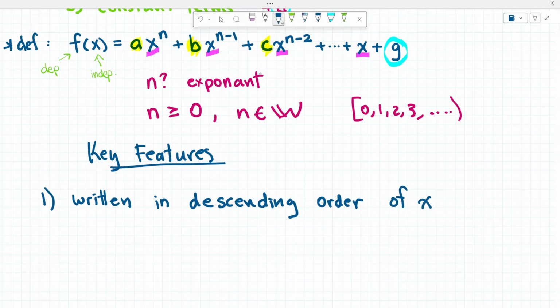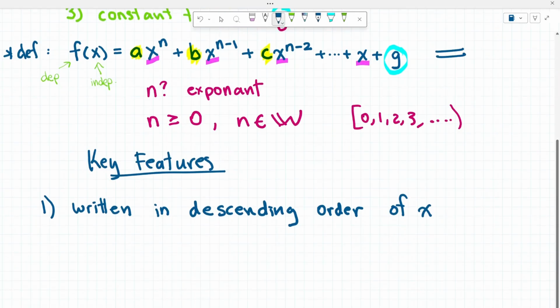Just like we saw in our first notation that we wrote, we start with our n value, then n minus 1, n minus 2, and when we get to x, that means we have n equals 1, and then technically our last term can be written as g times x to the power of 0.